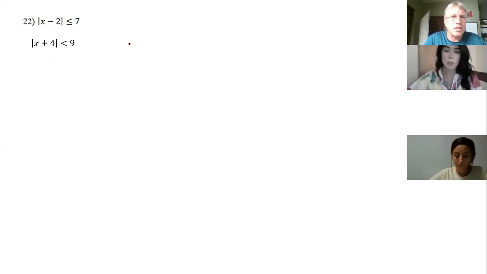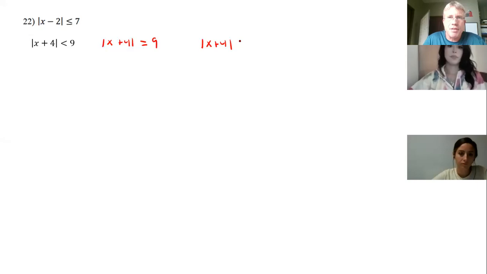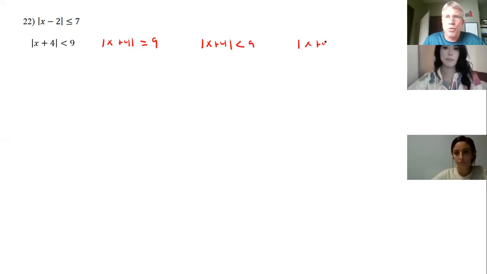If I take an x plus 4 in an absolute value sign, I could have it equal to 9. I could have it less than 9, like I do. And I can have it greater than 9. I can write it all three ways.